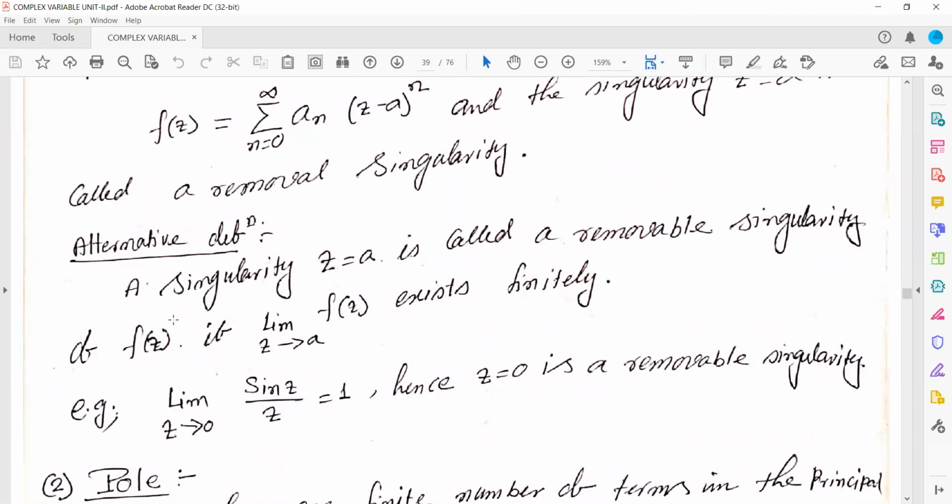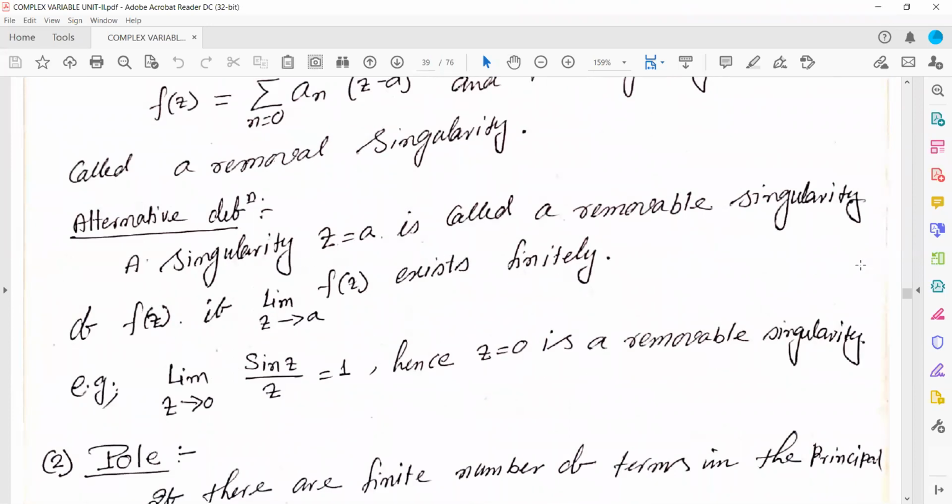There is an alternative definition for this. A singularity z equal to a is called a removable singularity of f(z) if the limit as z tends to a of f(z) exists finitely.